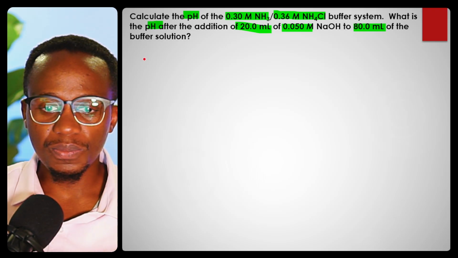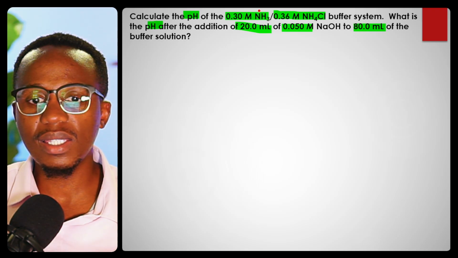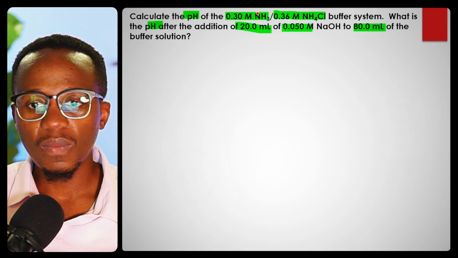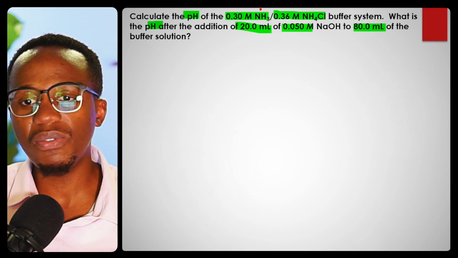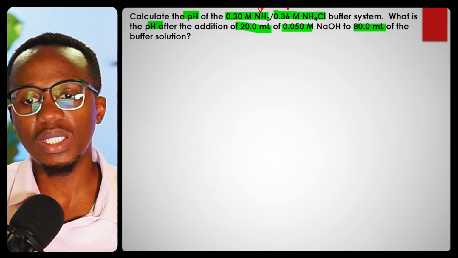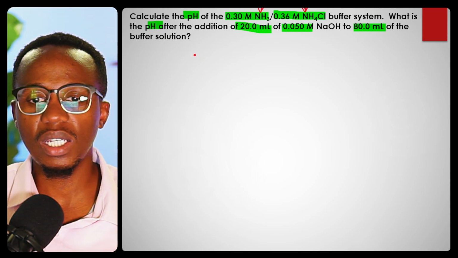All right. So first of all, what's the system for our pH? Is the system a basic buffer or an acidic buffer? It is a basic buffer because NH3 is a base, NH4Cl is its conjugate, right?